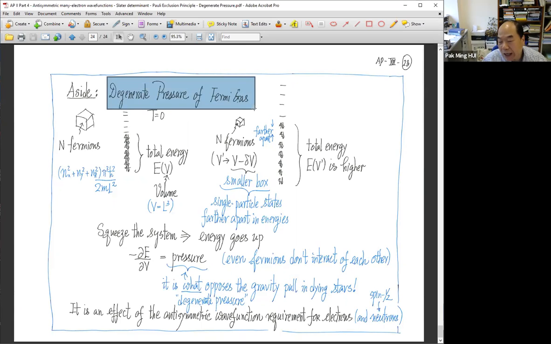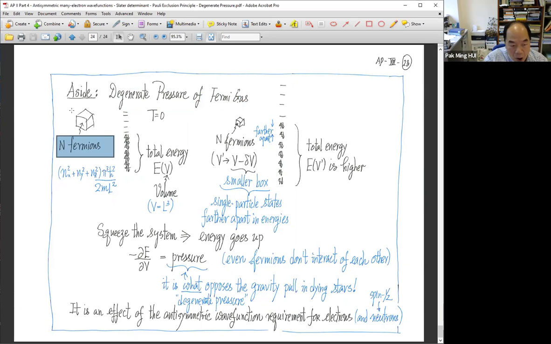They do not interact, but they obey the Pauli exclusion principle. So as I already illustrated, you can think about n fermions in a box. The box is L by L by L, a cubic box. Everybody knows how to solve this particle in a box problem.